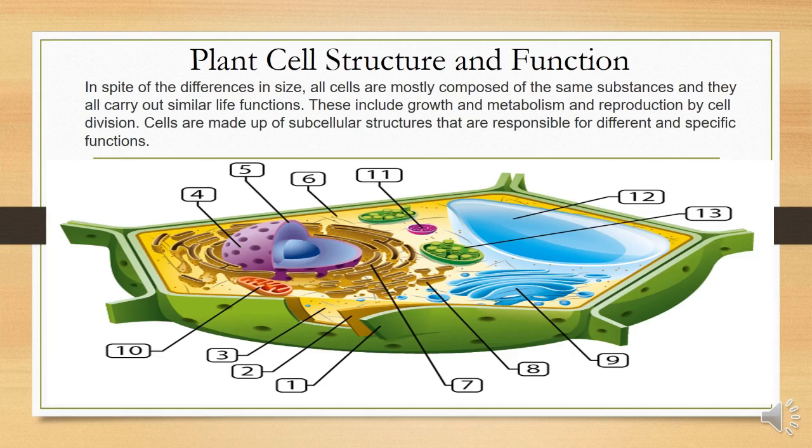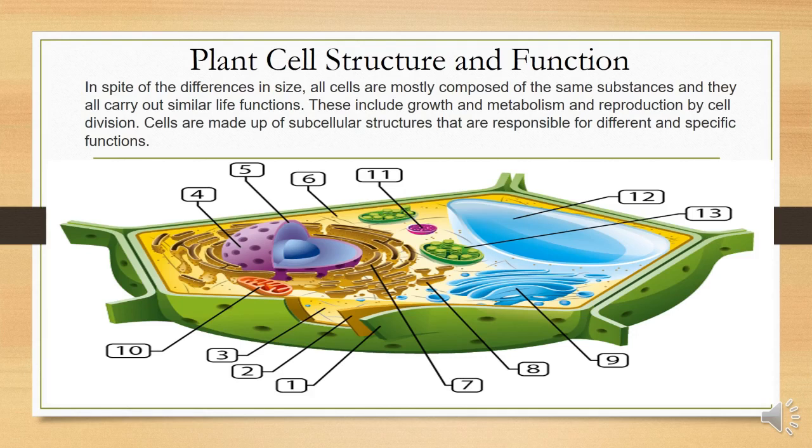And we can see in this magnified picture, all the parts are numbered. For example, number 1 is the cell wall, which is the main outer part of the cell, and inside it at number 2 the cell membrane.